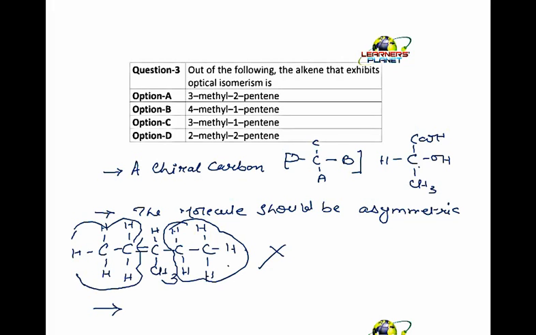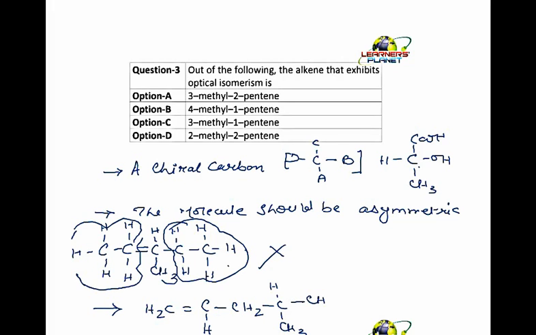Now let's take up the next option. It is 4-methyl-1-pentene. It means it is H2C double bond CH, CH2, CH, 4-methyl.